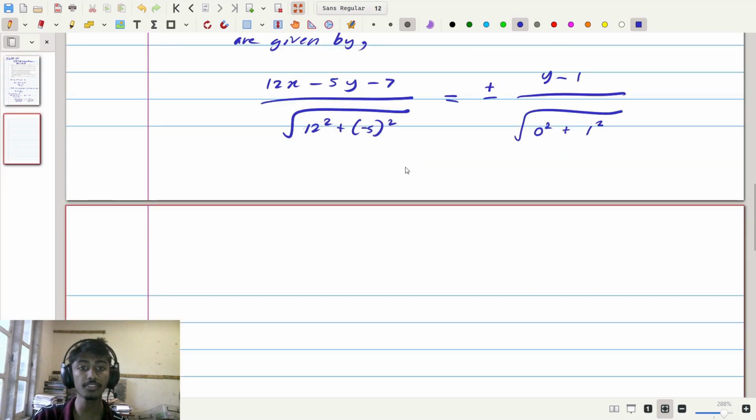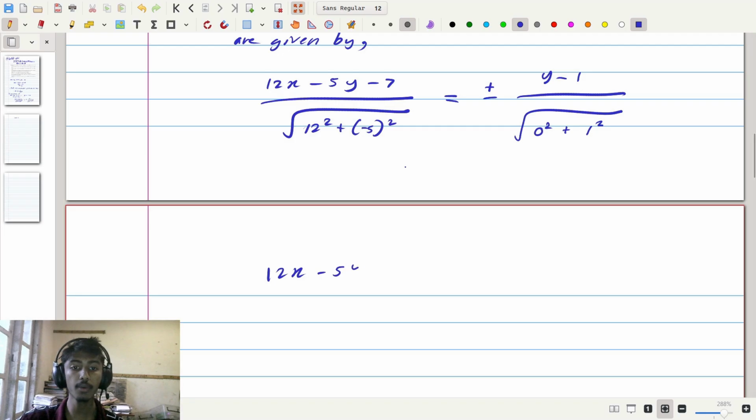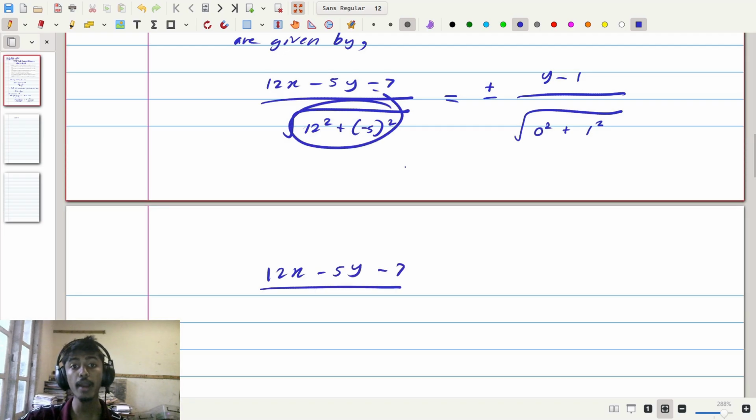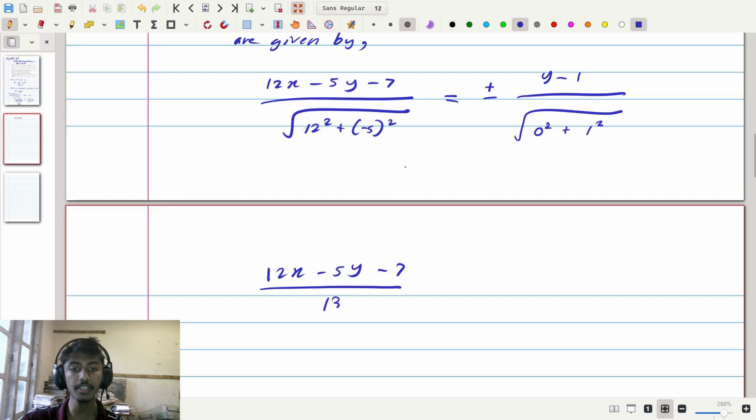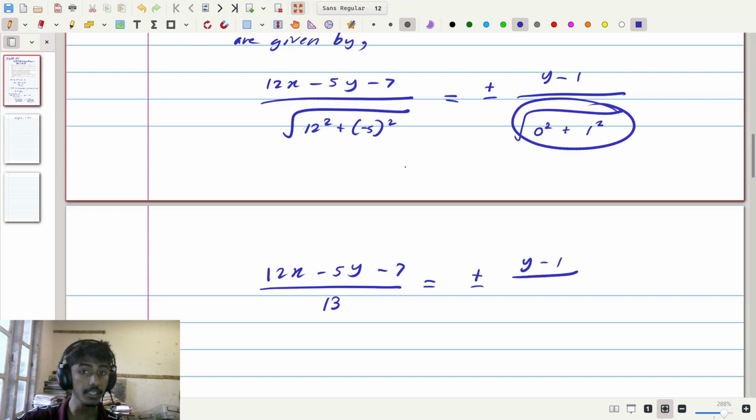Now simplifying this, on this side we have 12x minus 5y minus 7 divided by the square root of 12 squared plus 5 squared, which we know is equal to 13, since the right angle triangle of 12, 5 has a hypotenuse of 13. So the square root on the bottom here is 13. On the other side we get plus or minus (y minus 1) divided by, on the bottom here, this is just 1.